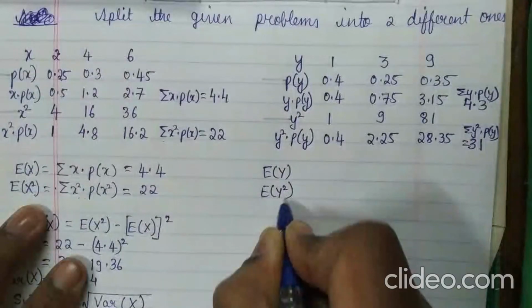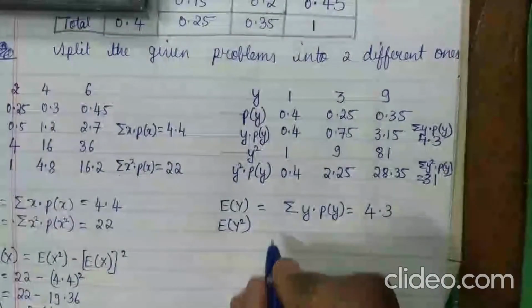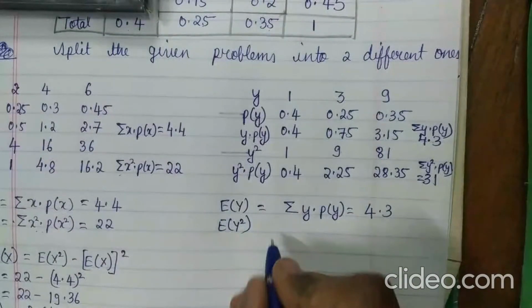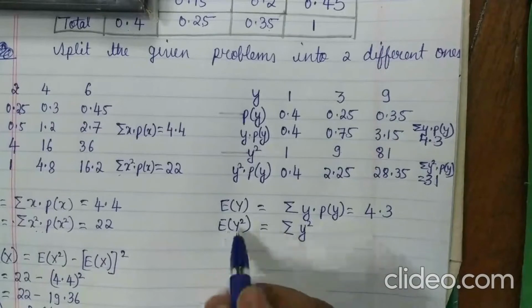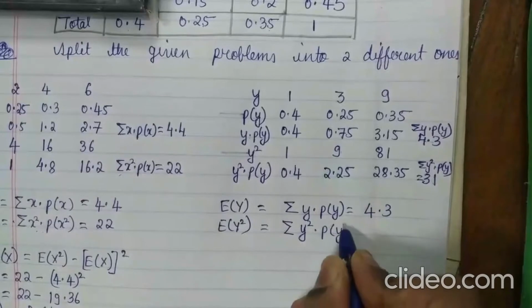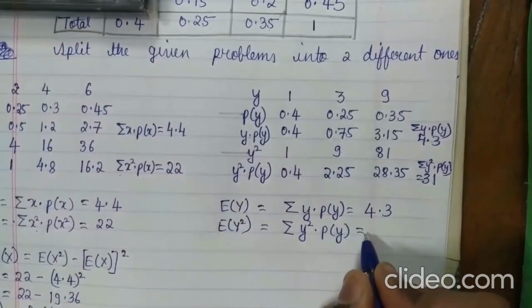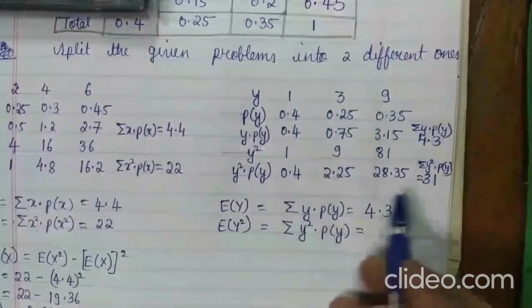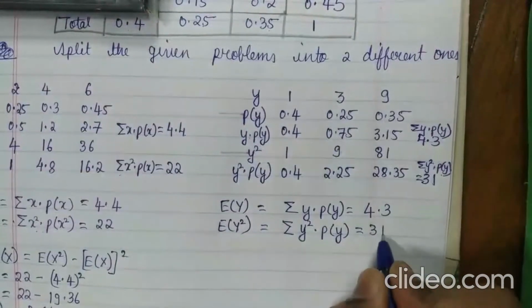So E of y is nothing but summation of y into p of y, and the total is 4.3. Expectation of E of y square is the summation of y square into p of y, which is nothing but 31.